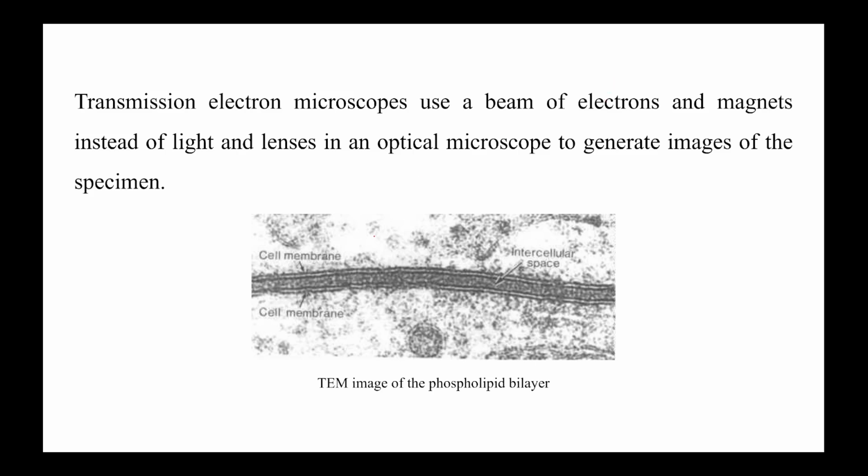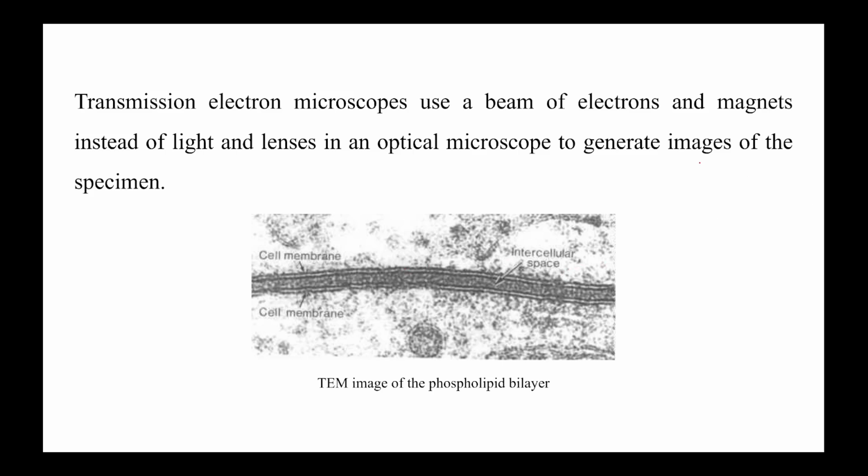So this is a structure of a phospholipid bilayer. You can see the cell membrane is clearly visible with the intercellular space. So the whole structure is visible. If you would have seen this on scanning electron microscope, only the surface would have been visible. Okay, only the top surface would have been visible.